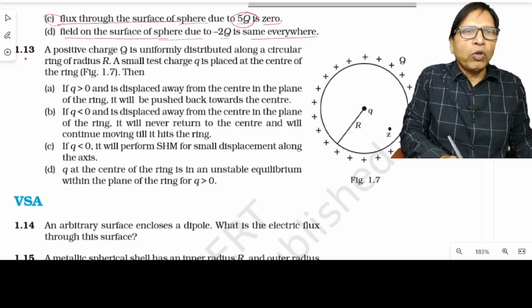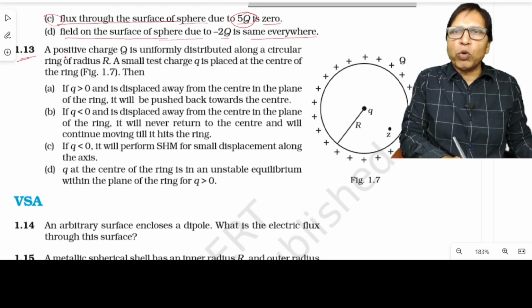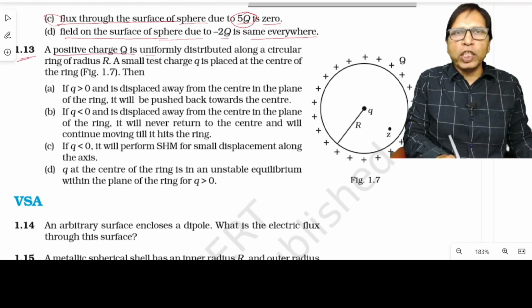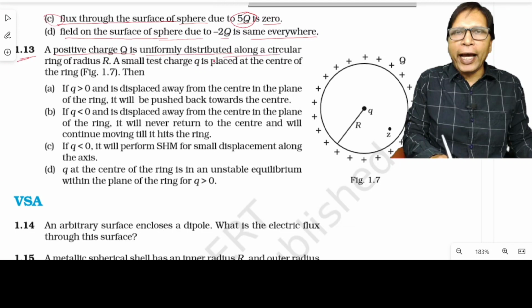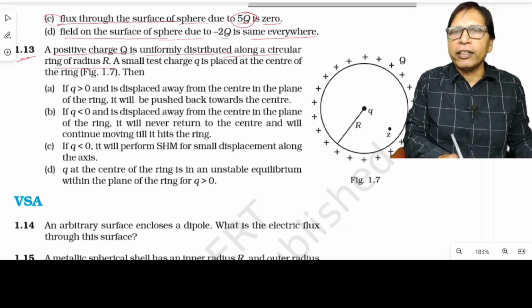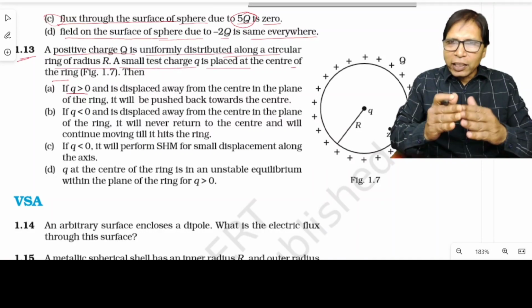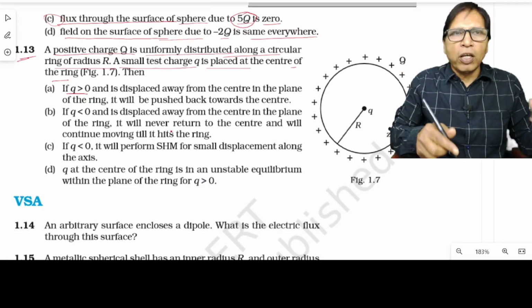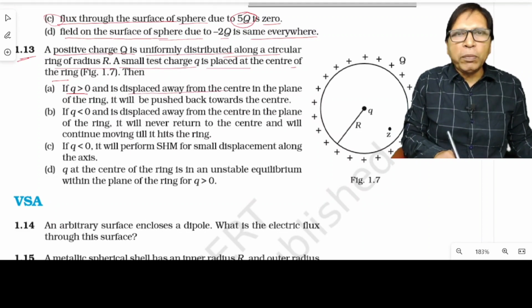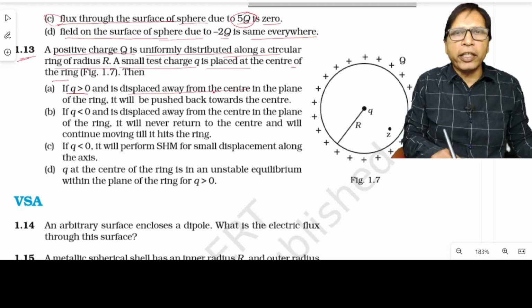Now look at question number 1.13. If positive charge q is uniformly distributed along a circular ring of radius r. Okay, look at this circular ring of radius r. A small test charge q is placed at the center of the ring. If q greater than 0, that is q is positive, and is displaced away from the center in the plane of the ring, it will be pushed back towards the center.